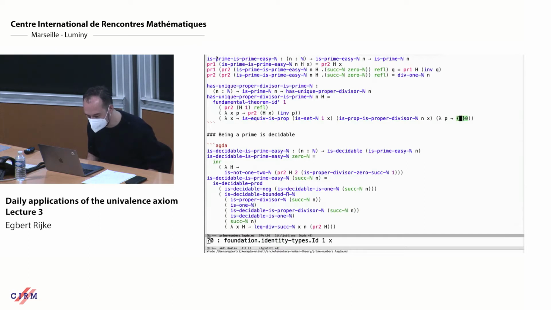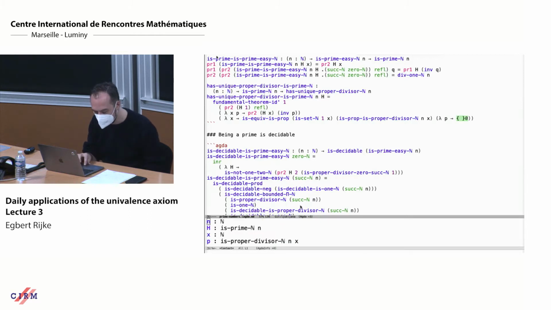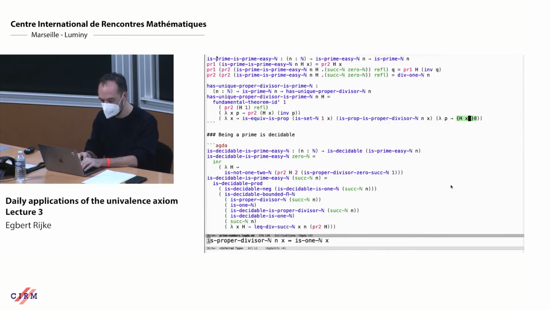So it wants us to prove that 1 is x. And in our assumptions, we have a natural number n, we know that n is a prime, we have x, and we know that p is a proper divisor of x. Okay, so we know h of x. This means that x is a proper divisor if and only if x is 1.